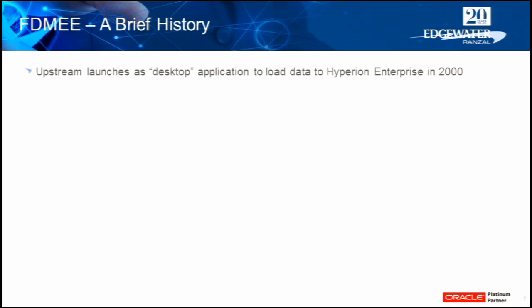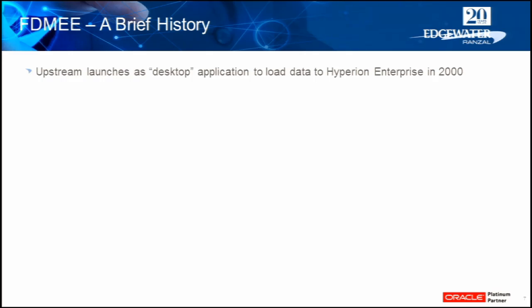All right, so let's talk about what FDMEE is. FDMEE, Financial Data Quality Management Enterprise Edition. But what's the history of it? So the history is Upstream was the company that launched a desktop application to load data to Hyperion Enterprise. It was actually written by a client, a person that was just tired of loading data into Hyperion Enterprise every month and having that be a painful process.